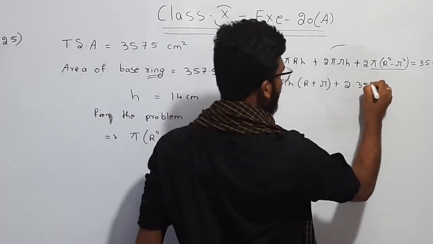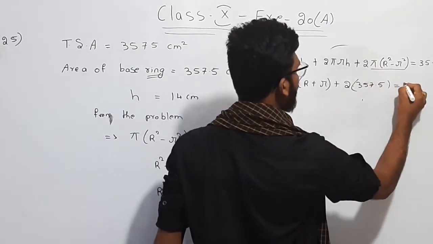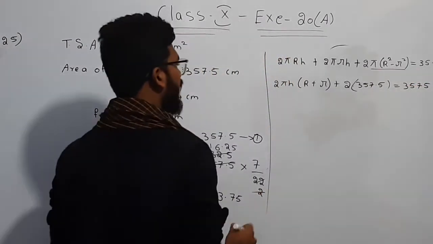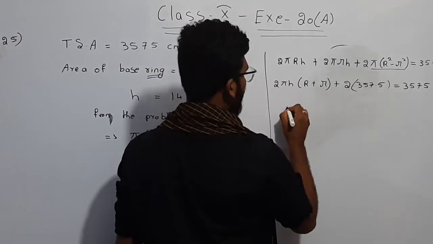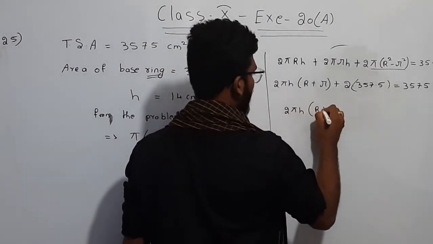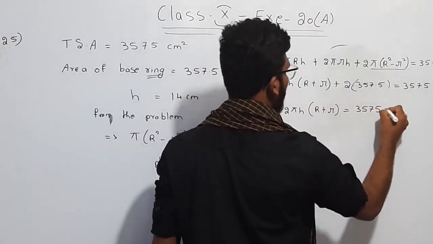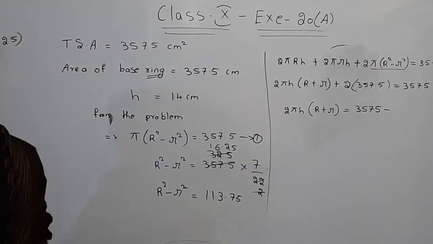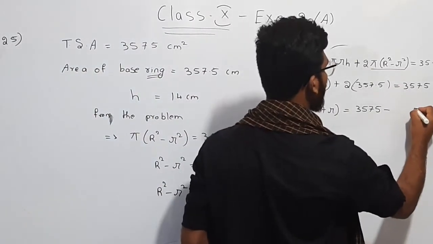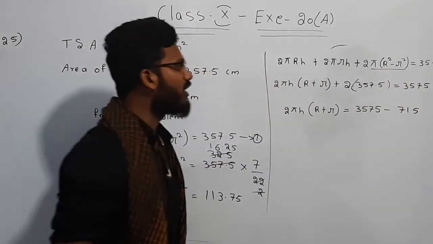357.5. So 357.5 is equal to 3575, right? Next, so 2 pi h into R plus r equal to 3575 minus 357.5 into 2. So it is 715.